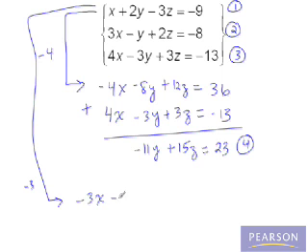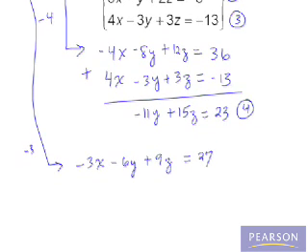2y times negative 3 is a negative 6y. Negative 3z times negative 3 is a positive 9z. And negative 9 times negative 3 is a positive 27. And we're going to add that to equation 2, which is 3x minus y plus 2z equal to a negative 8.